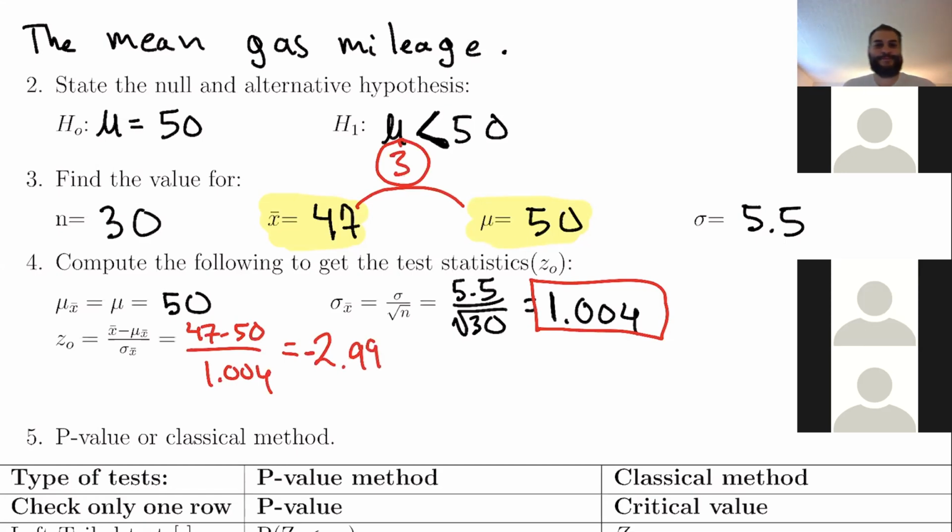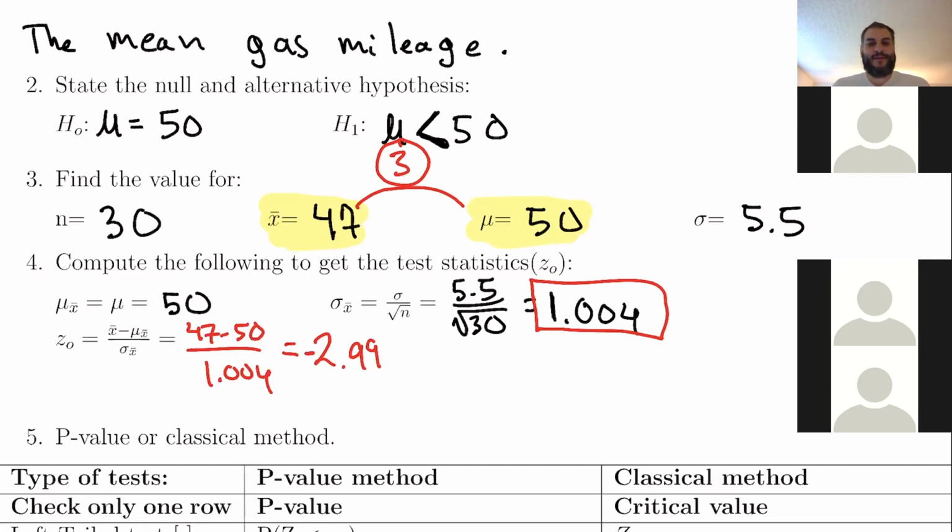Oh, there we go. So you get negative 2.99. That's telling us it's significant. Up next, we're going to go over to the TI-84. I want to verify this, but also I want to get the p-value. Any questions? I got the negative 2.99.